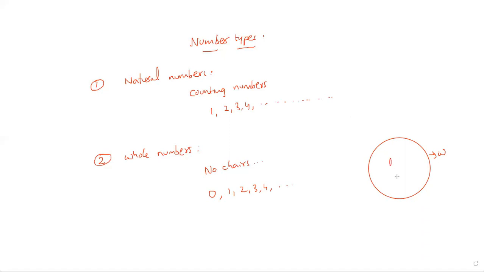But those are natural numbers also. So we use another circle here and keep all the natural numbers in this inner circle, like 1, 2, 3, 4 and so on. So the whole number circle is nothing but 0 plus natural numbers.